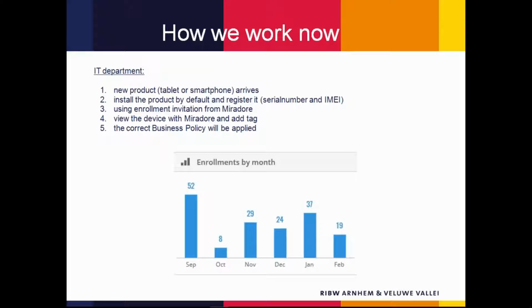You see a small overview of the enrollments over the last month. October was a quiet month for us, but in the last 2 weeks of February we already enrolled 19 new devices. So every month a lot of devices are enrolled.